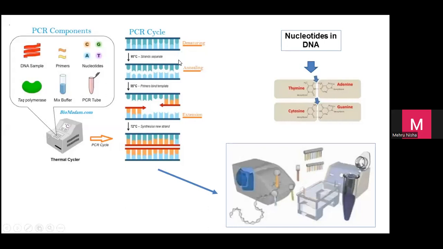We have a few steps in PCR. First, kita panggil step denaturation atau step untuk pecahkan DNA bond tu. Pecah. Okay. Selepas dia bond dia dah separate macam ni. Sekarang 2 kan macam rapat, dia pecah dah.